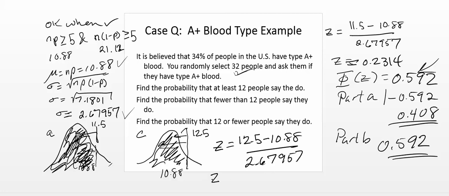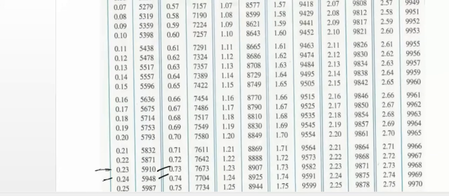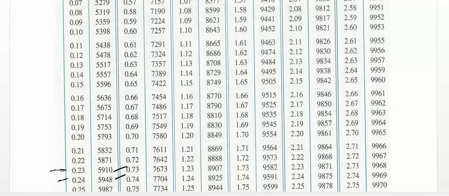I got a z in this case equal to 0.58, and when I now look for 0.58 in the z table, it's not there.